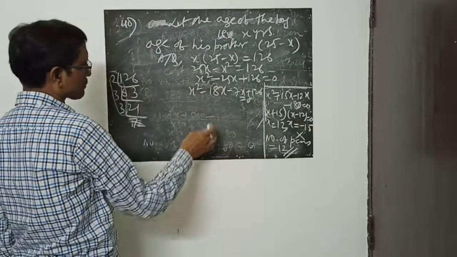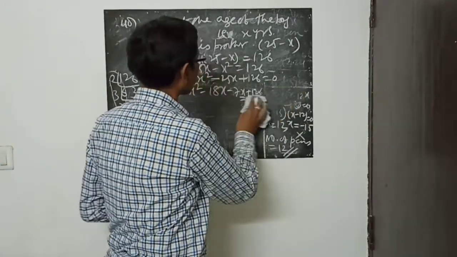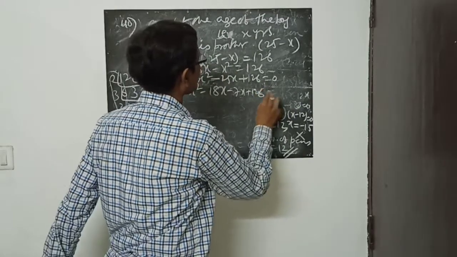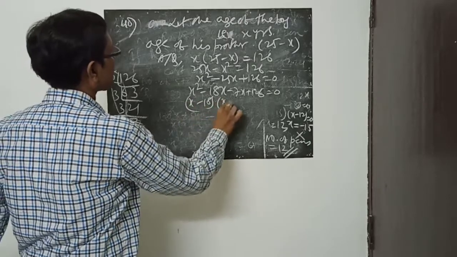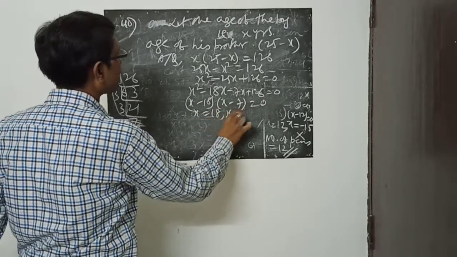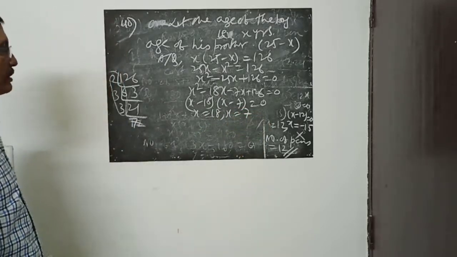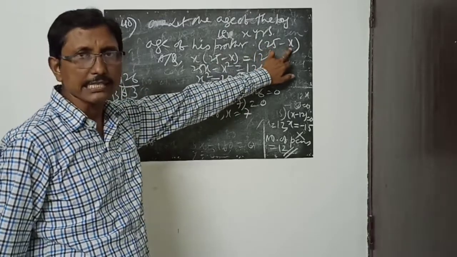That means you will get 126, that is equal to 0. Means ultimately you will get x minus 18 and x minus 7. So ultimately both are positive. So if one is 18, the other will be 25 minus 18, 7.